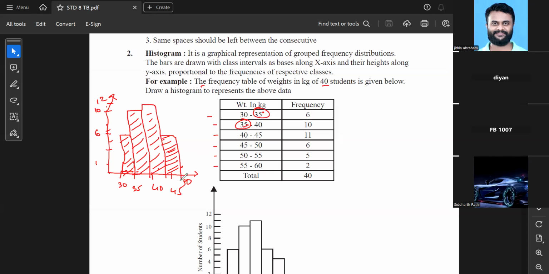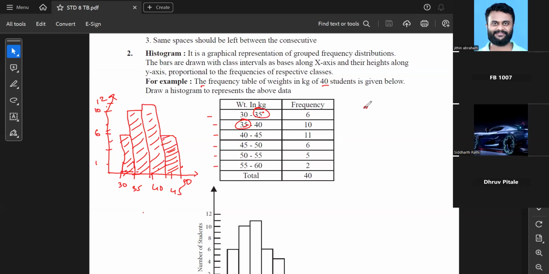Sir, I have a doubt. Yes. Can you draw a bar graph for this? Sure. What do you do for a bar graph if you have 30 to 35? So what I'll do, since anyway I'm not going to consider 35, I'll change the class to 30 to 34, then 35 to 39, and so on. समझे? 40 to 44, ऐसा.